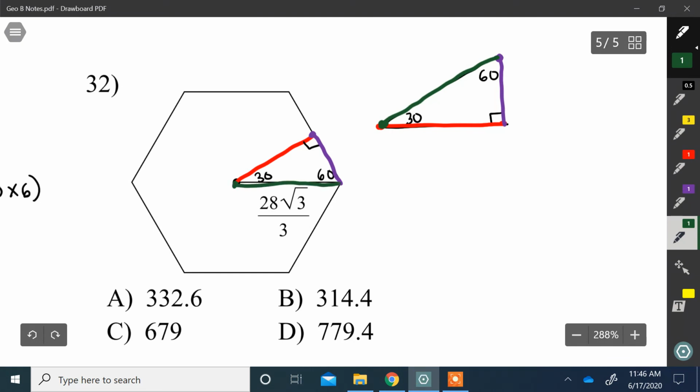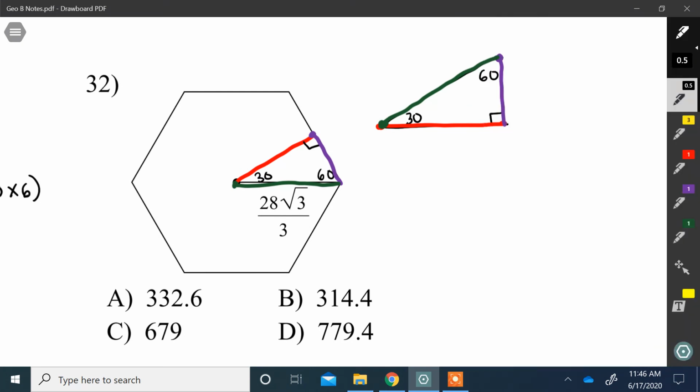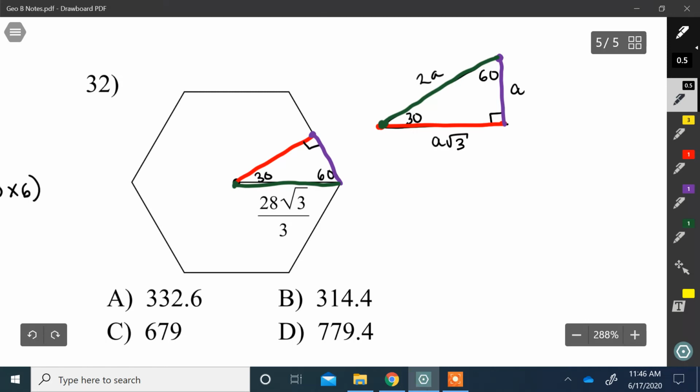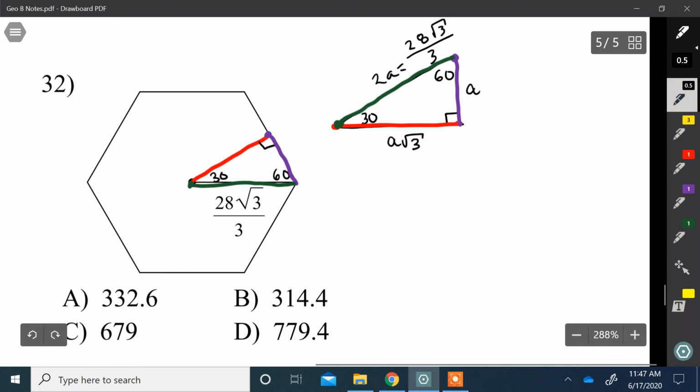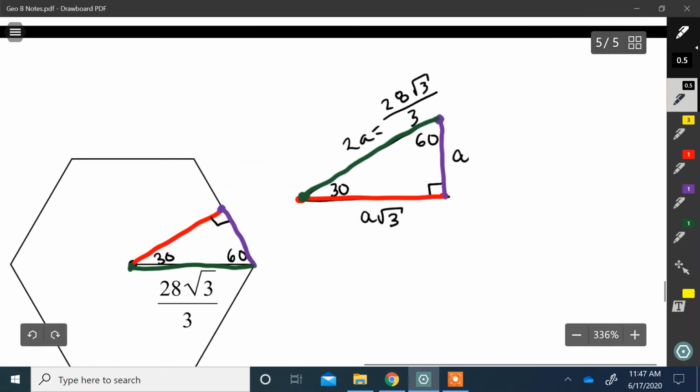If you go on Google, you will see a 30, 60, 90 triangle is like this. This will be 2a, this will be a, and this will be a square root of 3. So in this case, 2a is equal to 28 square root of 3 over 3. Okay, so let me do this on the side here.